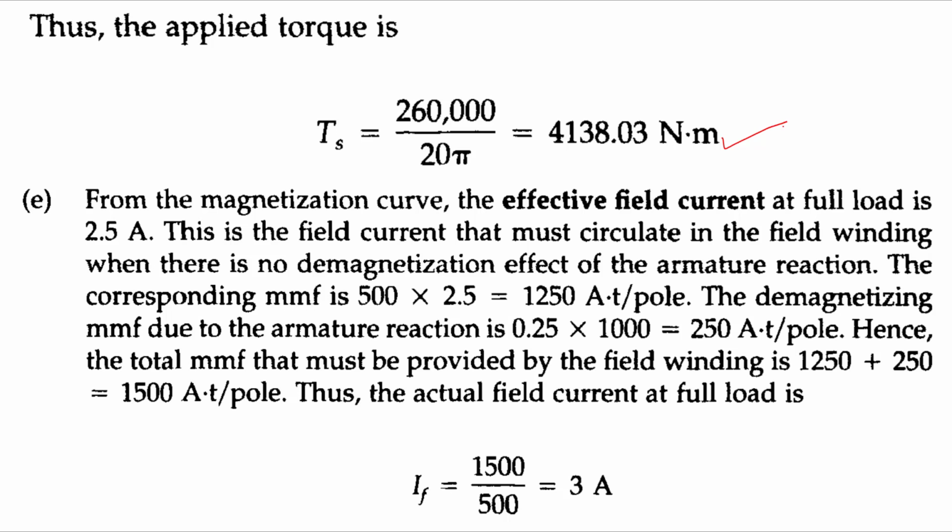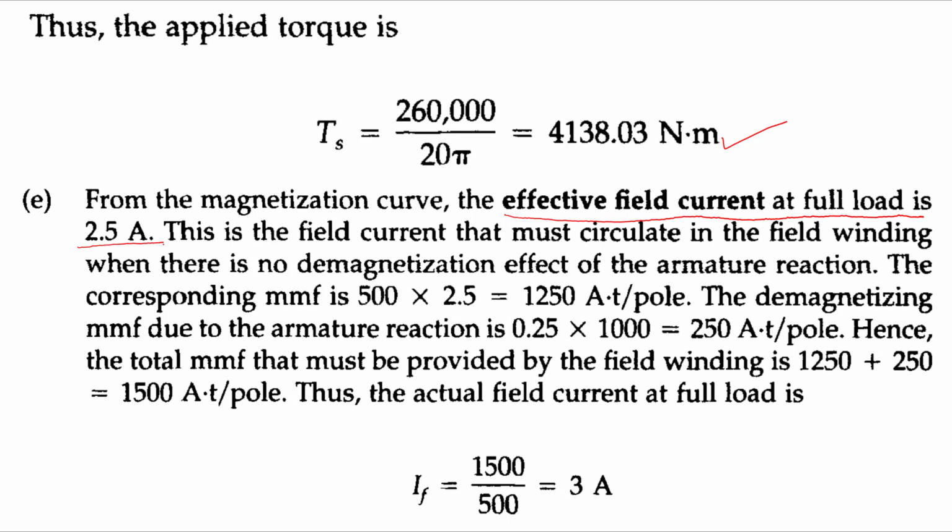This is a very important part where we'll find the efficiency, right? So in order to find the efficiency, we must know the losses. What are the losses happening? So in order to calculate the loss, we need to find the field current because we need to know the loss in the field circuit as well as the armature circuit, right? So in order to know the exact current in the field circuit, what is the effective field current now at the full load?